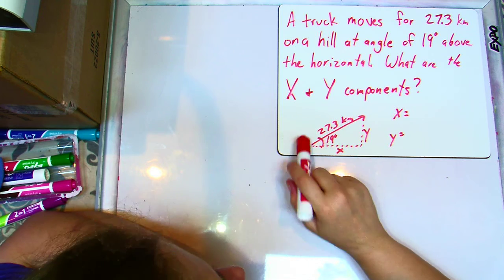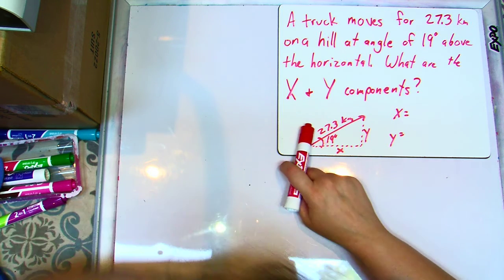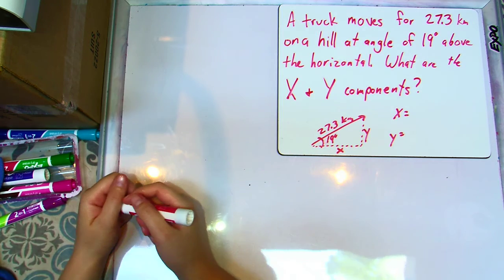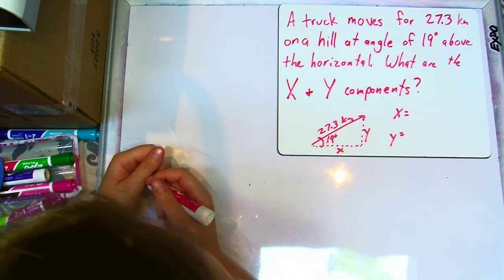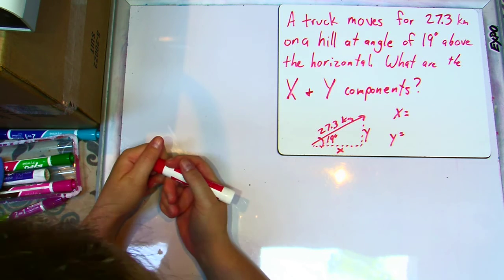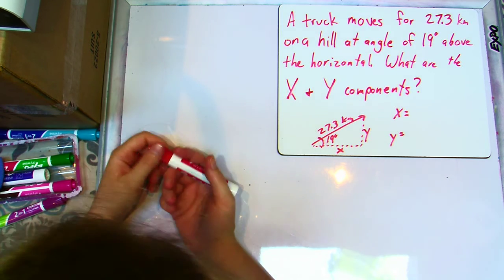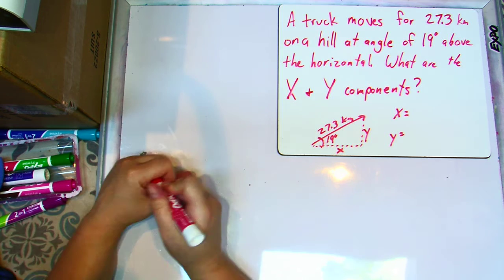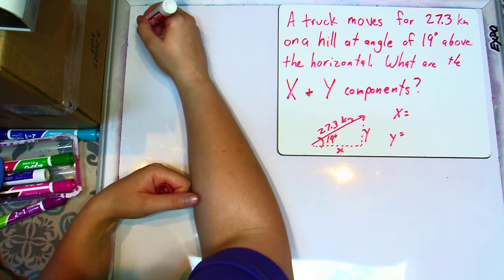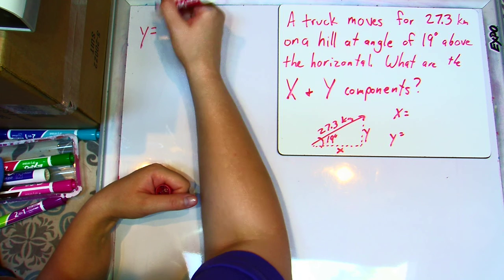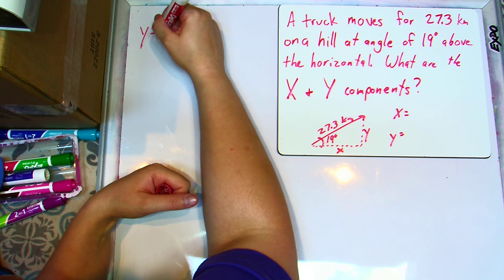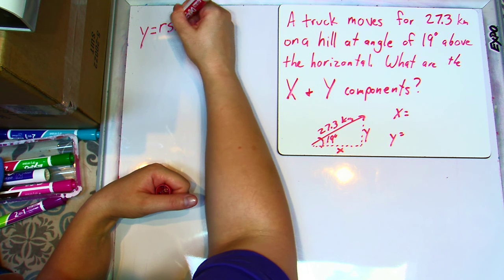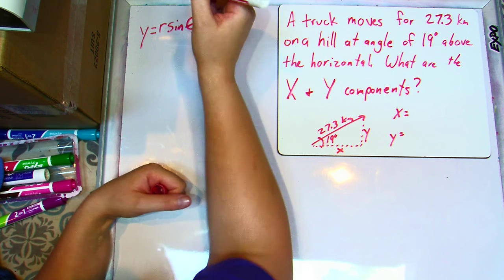Well, since we have our hypotenuse, our resultant, and we know the angle theta, we can solve this using some of those trigonometry functions that we mentioned before, sine and cosine. So for the y component, we use the hypotenuse times sine of the angle theta.